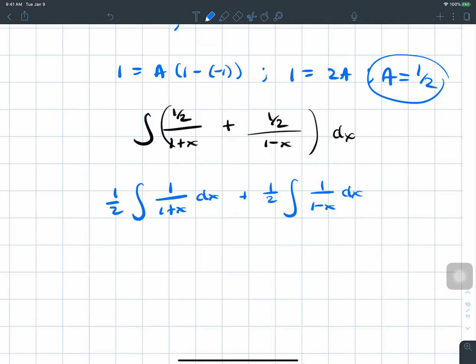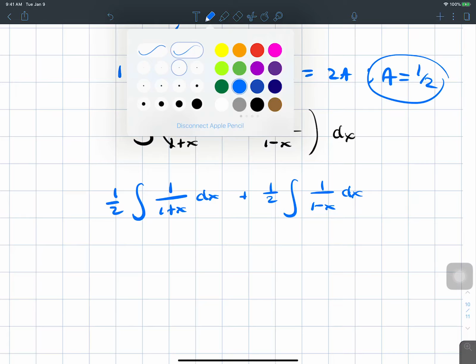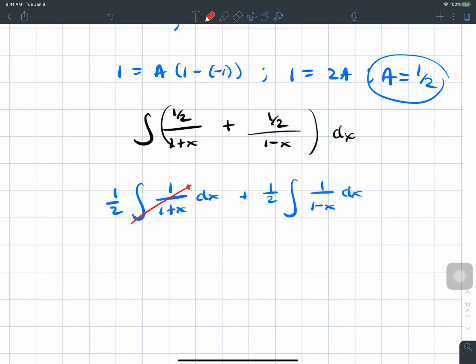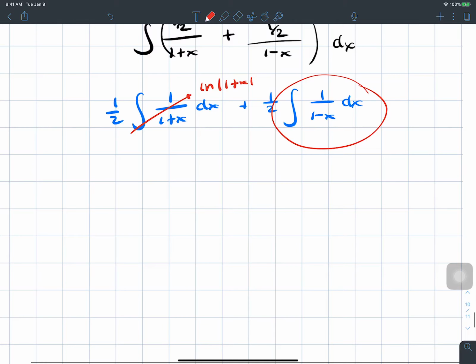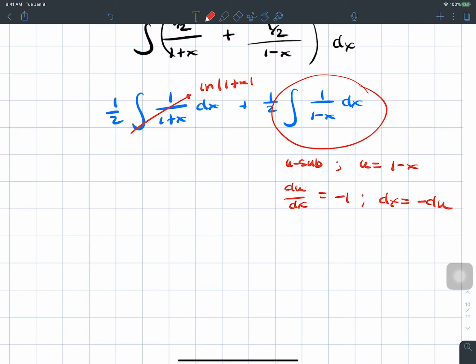Okay, so we're going to use properties of integrals here. Now, the first integral we know is natural log absolute value 1 plus x. However, the second integral, we have to use u sub, where u is 1 minus x. Then we get du dx will be negative 1, or dx is simply minus du.